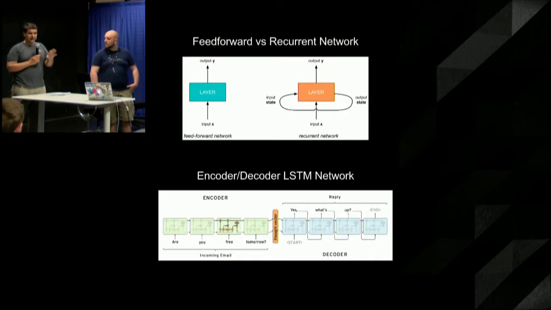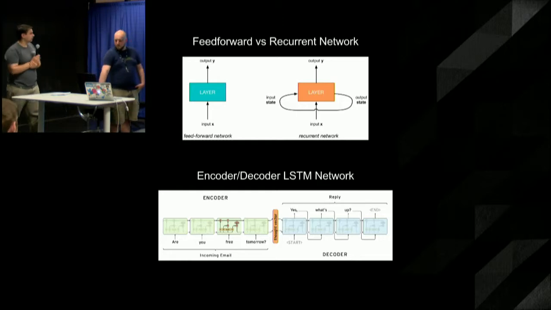At first I would read the sentence, I would think about what it means, and then I would try to say it in Russian if I was reading it in English. Same idea here, sequence to sequence: I would read the input, think about it, and then produce the output. So this is how it works: encoder, decoder, LSTM.